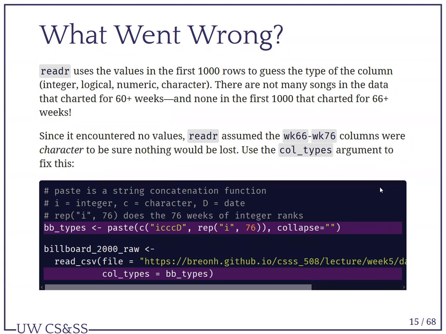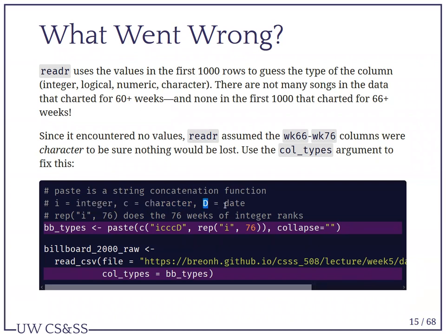So here what I've done is I've made a string of identifiers for the columns, since I already know what the content is going to be. What it does is it says if the col_types is an I, then I'm going to assign it to an integer. If it's a C, I'll assign it to character.